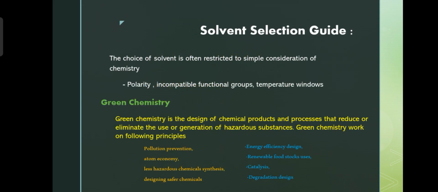Next, the solvent selection guide: we have to choose its polarity, functional group, temperature, pressure, etc. Many things are there.